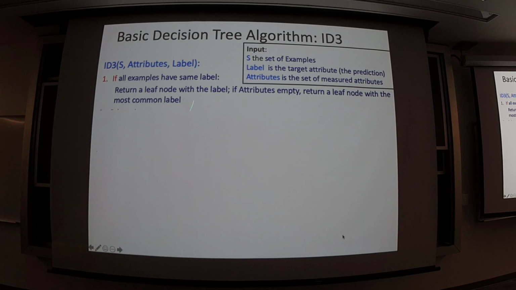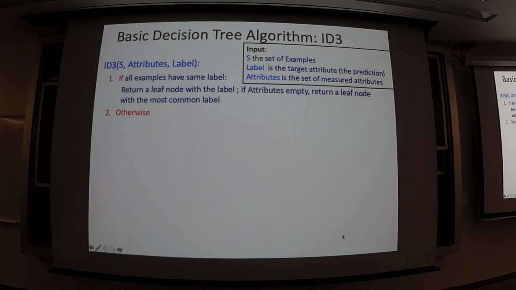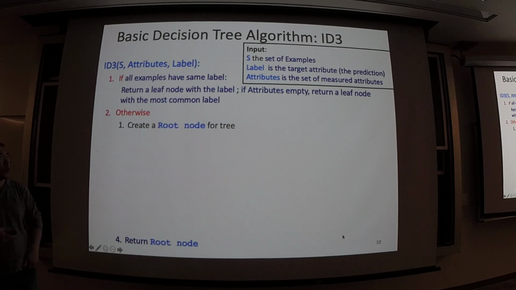So if we haven't met these base cases, that means we can still create new tree branches and new nodes. How can we do that? Otherwise, we're going to first create a root node for the current tree. The root node means a root node for a subtree.